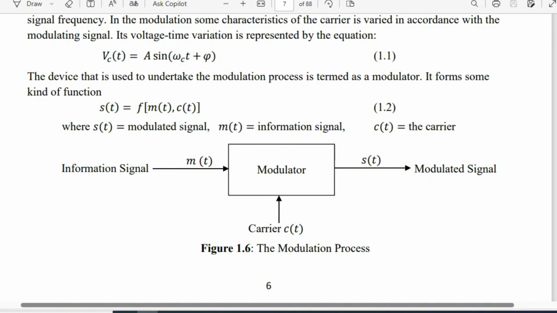So in summary, modulation is the process of using a high frequency signal, a carrier, to carry the original information, which is a low frequency signal, over long distances by mixing them together. This allows the information to be transmitted more efficiently and clearly.